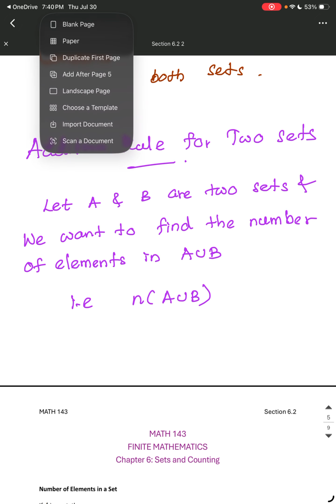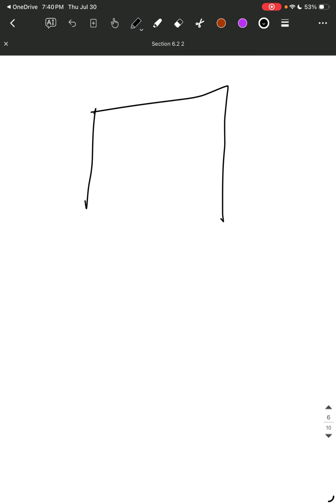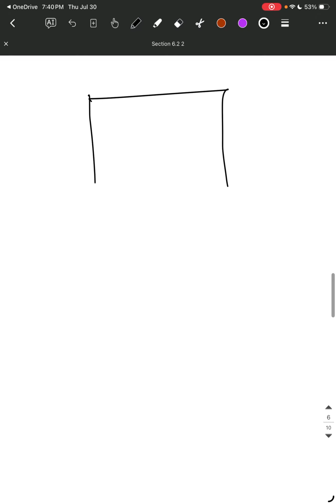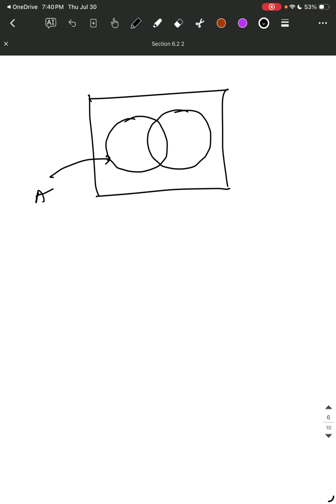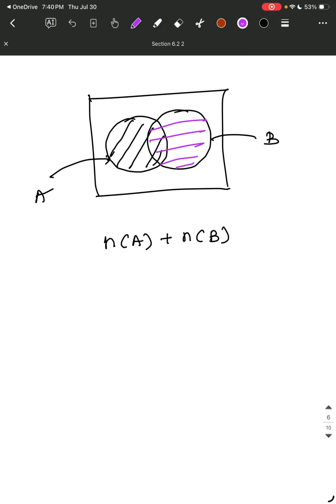Let's think about the Venn diagram representation, set A and set B. A natural first idea is to add the number of entries in A plus the number of entries in B. But every element in the intersection belongs to both sets, so it gets counted twice.